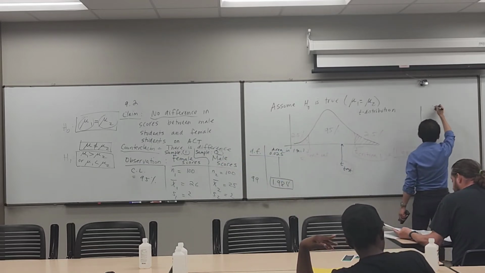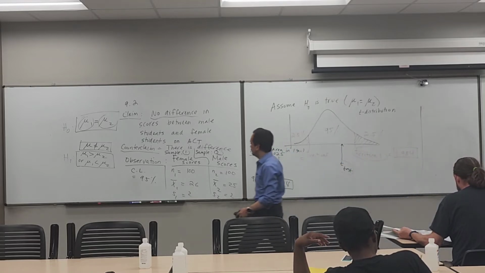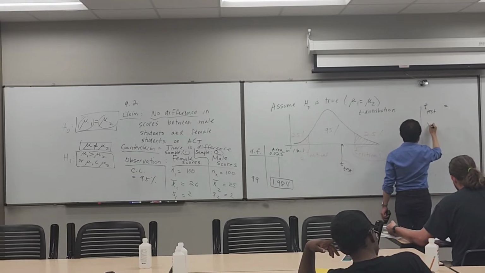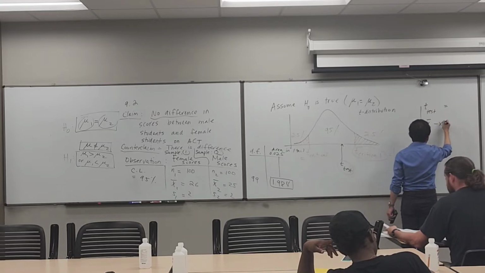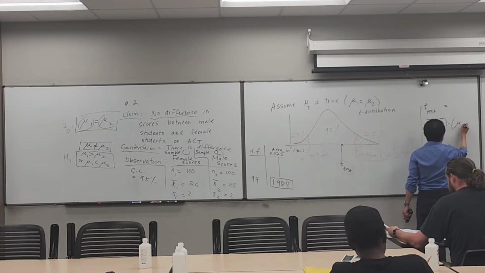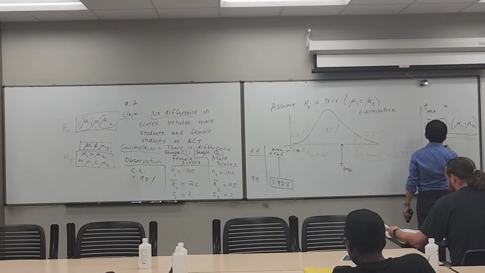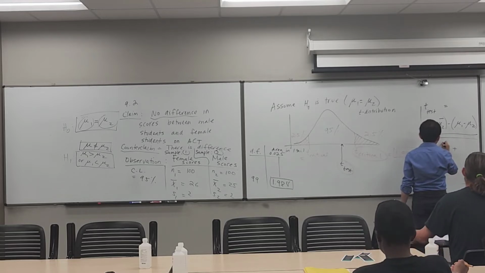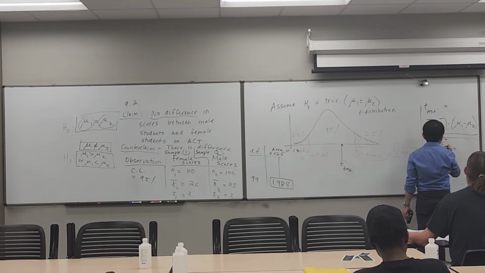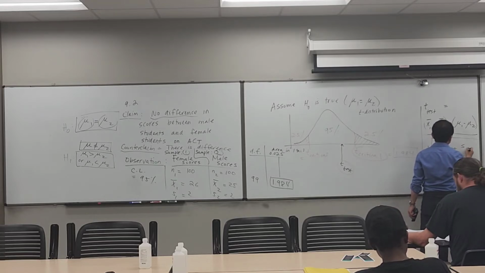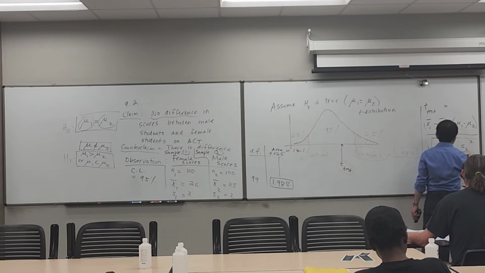And so the formula will be t-test equal to x bar 1 minus x bar 2 minus mu 1 minus mu 2 divided by the square root of, yeah, it'll be the sample standard deviation of sample 1 squared over n1 plus sample standard deviation of sample 2 squared over n2.